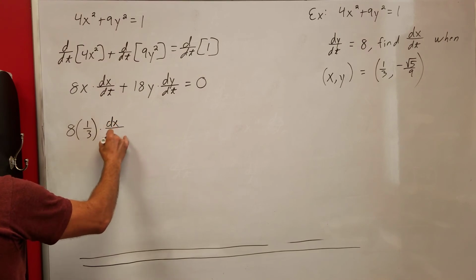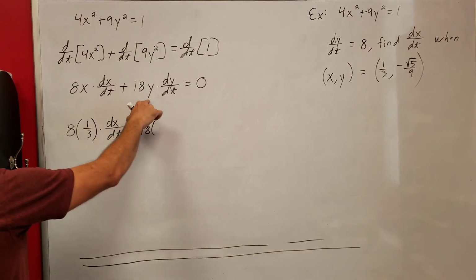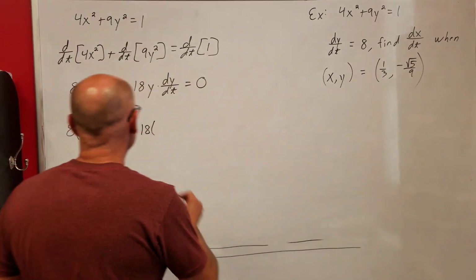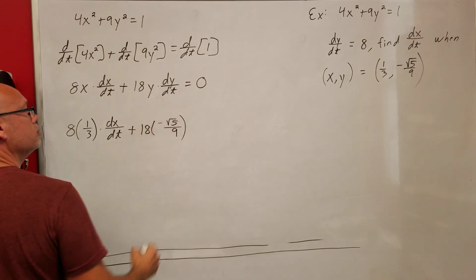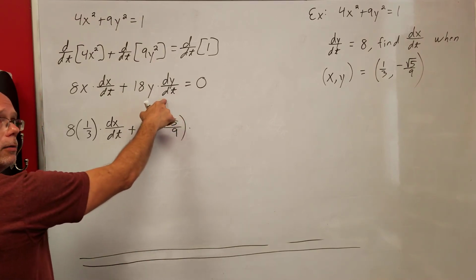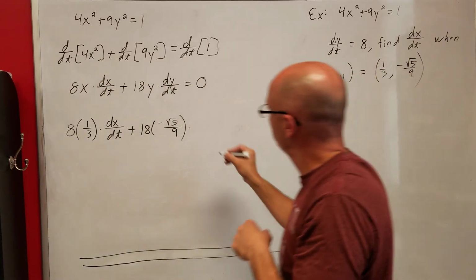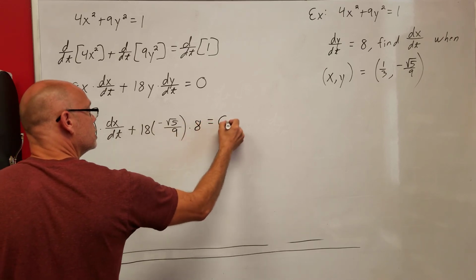So I just write it as dx over dt. Plus 18 times y. They tell me what y is. They said y is this nasty number, right? Negative square root of 5 over 9 times dy over dt, which they tell me that is what? 8. So I'm going to replace this with 8 is equal to 0.